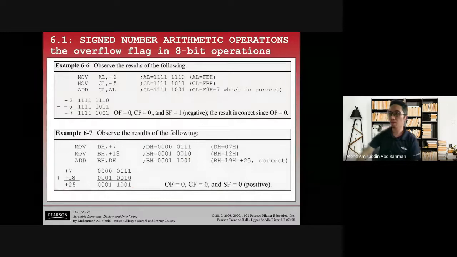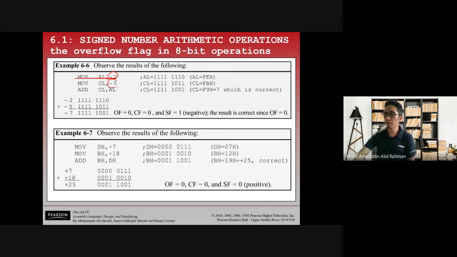Okay, we have another example, 6.6. From here we have minus 2 and minus 5. We add them, and this is correct, right? Because it's still within the range. You should get minus 7.